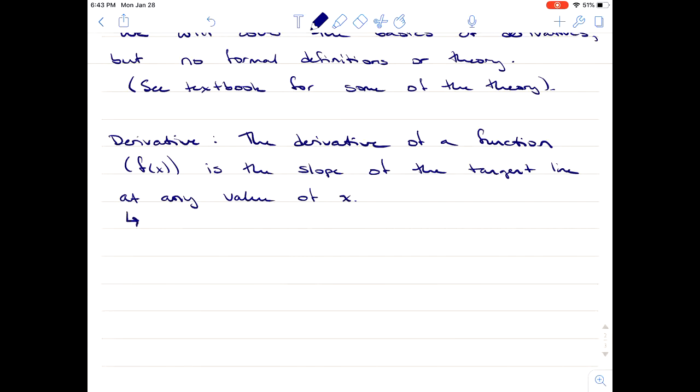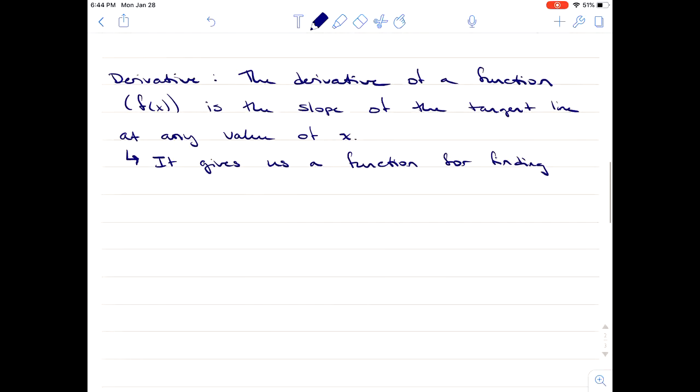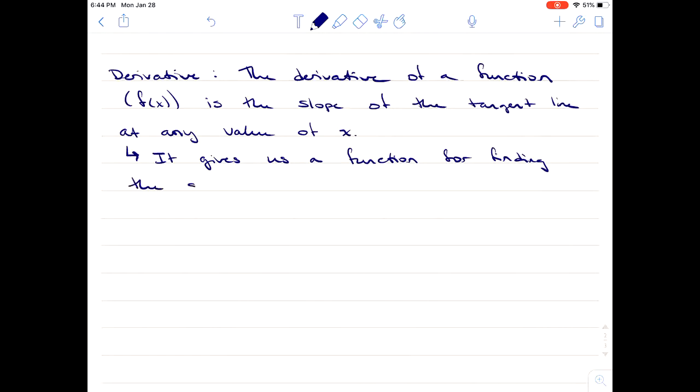So really what it's doing is it gives us another function that we can use to find the slope of the tangent line. So it gives us a function for finding the slope of the tangent line.